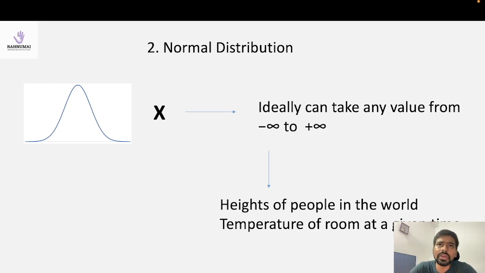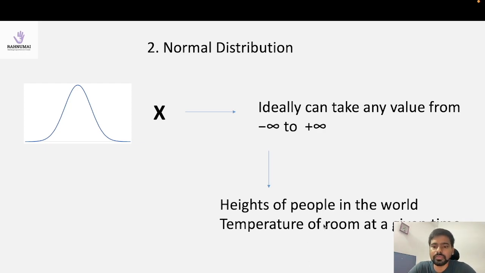Also very rare to find shorter people, like 2.5. So the characteristic of this variable is that some of the values are very likely, and as you move away from those values they become very less likely. Likelihood decreases as you move away from that cluster of data points.